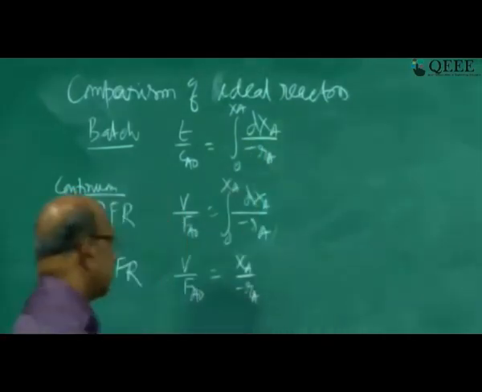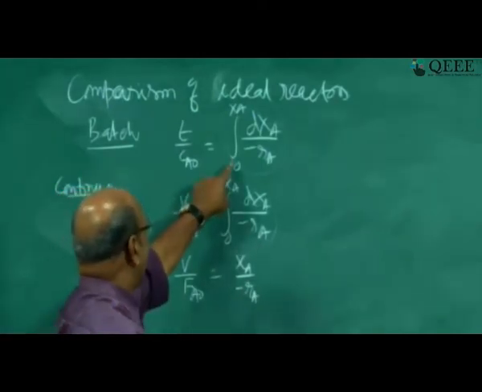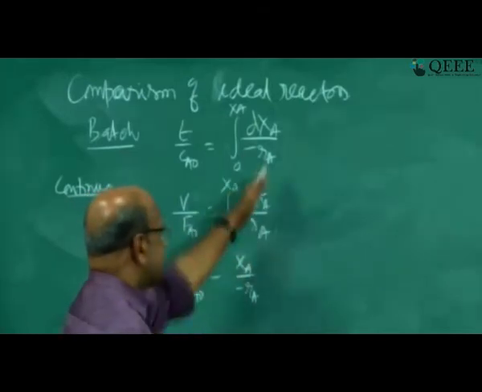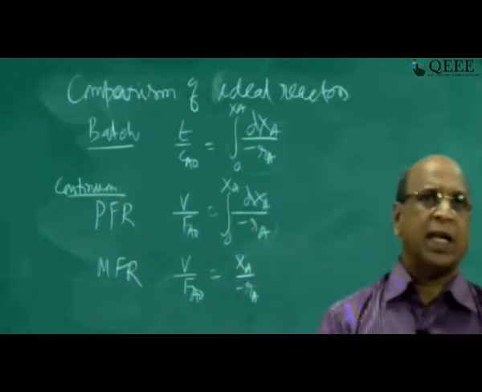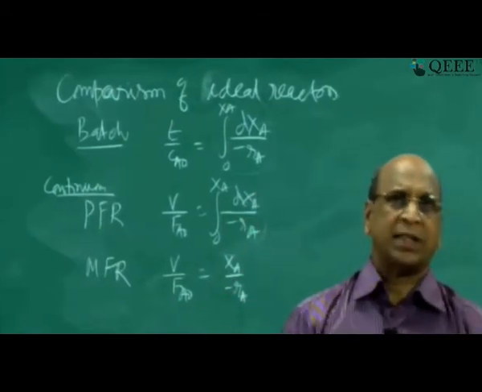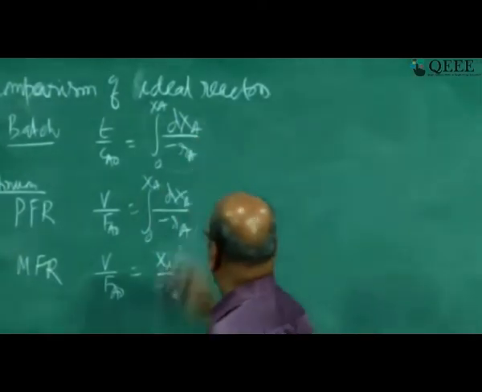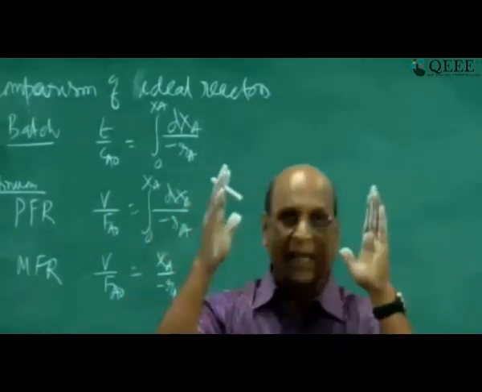Okay, good. So now when I plot, you would have seen that this one and this one are exactly the same. For batch reactor and plug flow reactor, the right hand side is exactly the same. That means there must be something similar going on in a batch reactor and plug flow reactor. What is that? In a batch reactor also, each and every particle is spending exactly the same time.